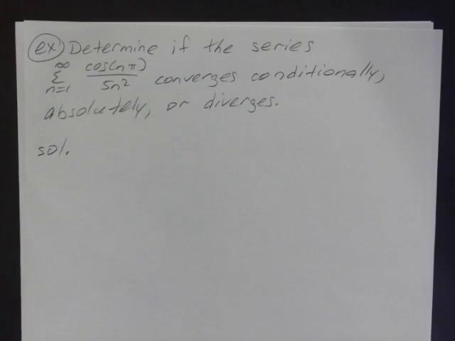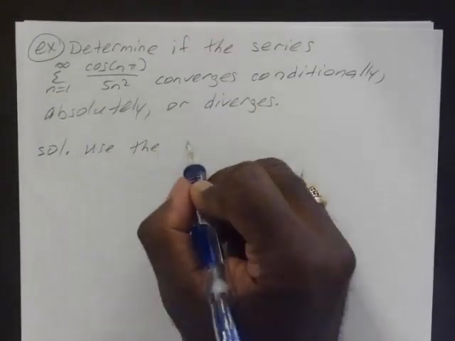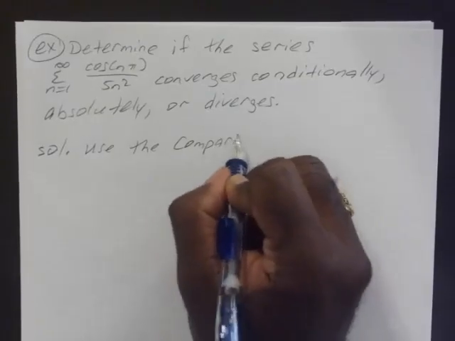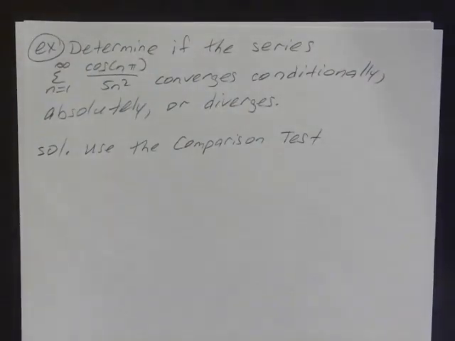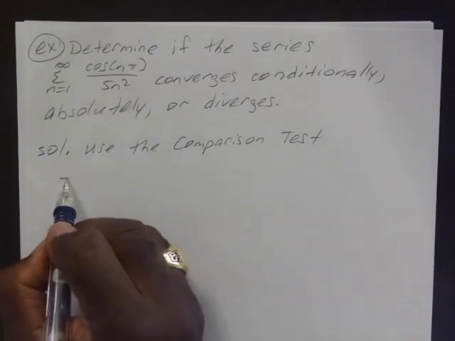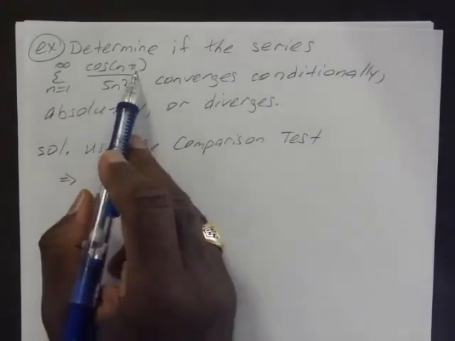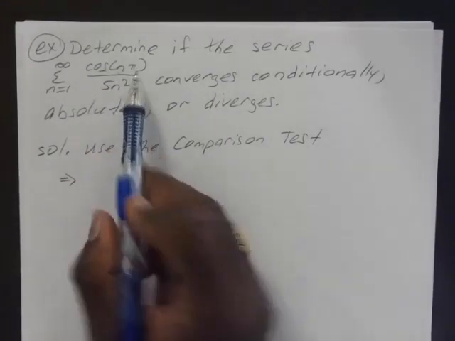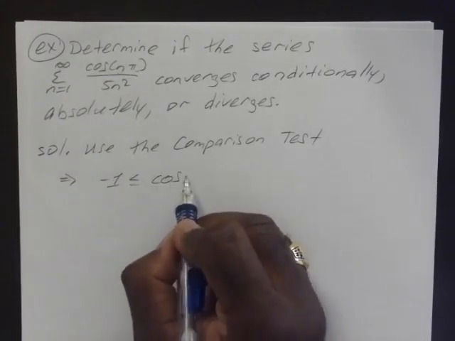Okay. So with this one, you can use any test you want to find out whether or not that series is convergent. So with this one, we're going to use the comparison test. As long as you meet the stipulations for that particular test, you can use whichever one. Okay. First, we're going to look at cosine of n pi. Well, we know cosine of n times pi is always going to be a value between negative 1 and 1.